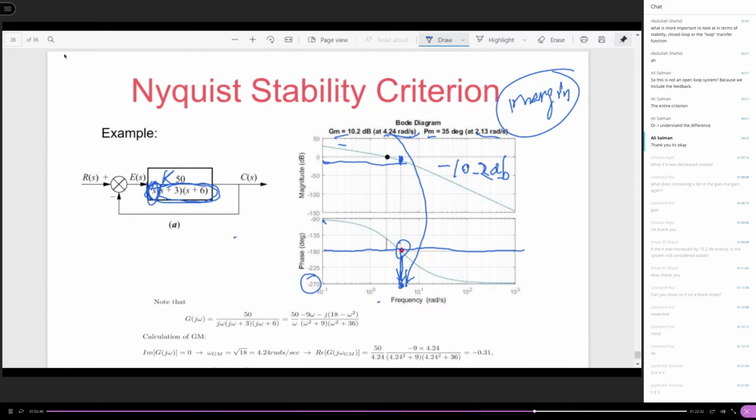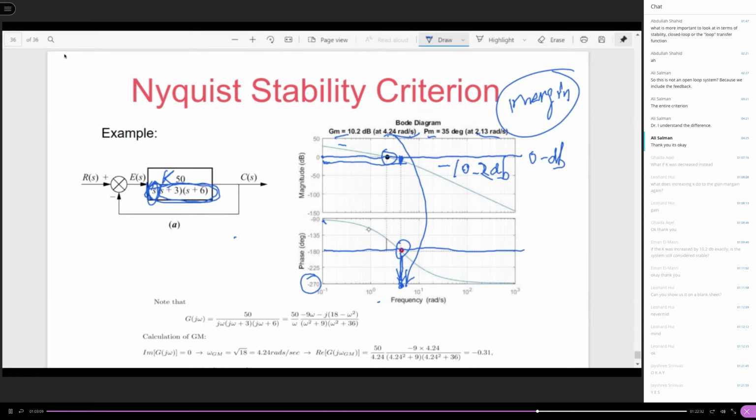What about the phase margin? Like what I said, you need to identify the 0 dB level. This is the 0 dB. Once you have the 0 dB, you see the crossover point. This is the phase margin crossover point. Then you need to find out its phase.